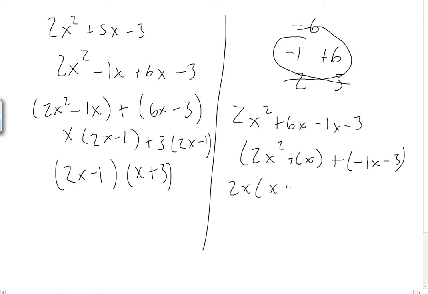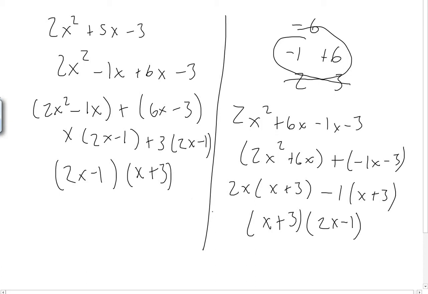That leaves you with x plus 3. From the second two, nothing really comes out of them, but the leading term is negative, so I'd factor out a negative 1. If nothing comes out of them, the GCF is 1, you factor that out. And then since I factored out a negative 1, this becomes x plus 3 again, so that they match. Once they match, I pull out the x plus 3, and I get 2x minus 1.